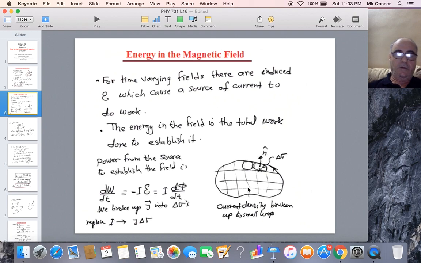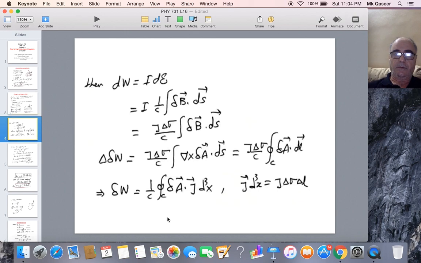Now in this figure I'm showing the current density, which we have broken up into small loops. Each loop has an area delta sigma. We have to convert this I into J delta sigma. So dW is given by I times the variation in the electromotive force, which is 1 over c times the variation in the magnetic induction dot ds.